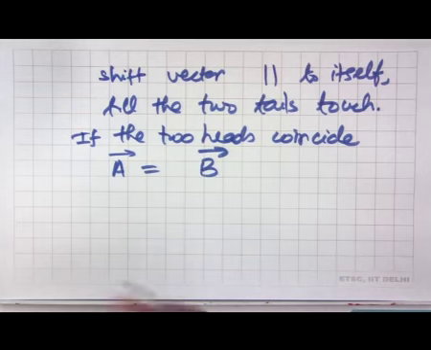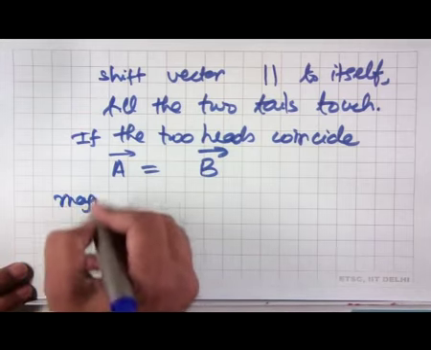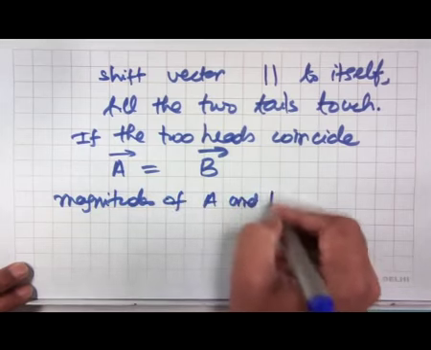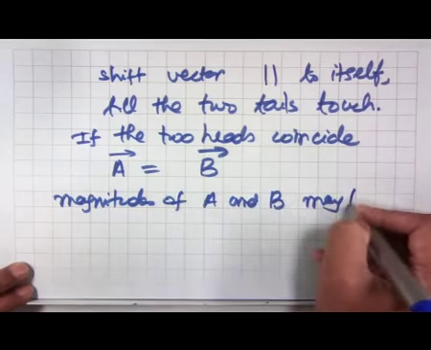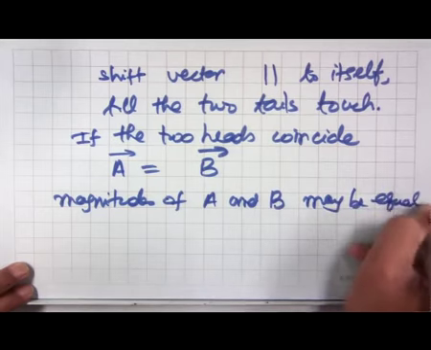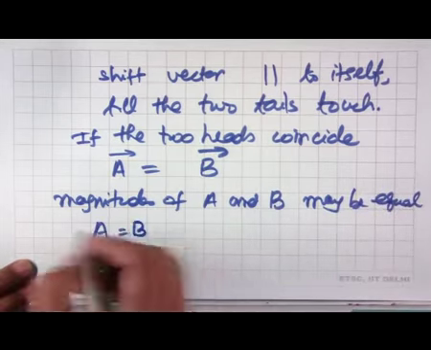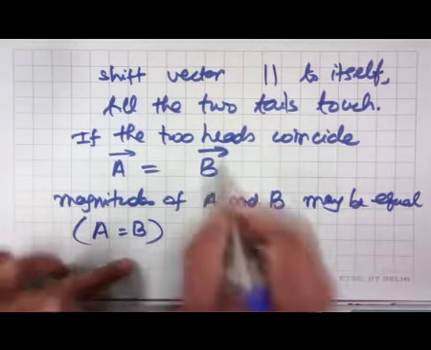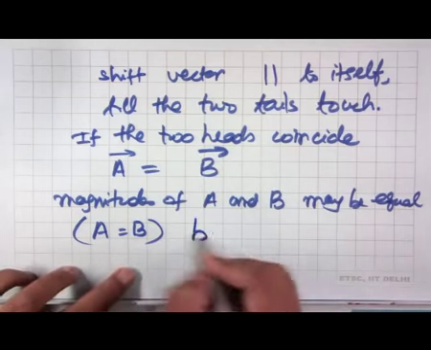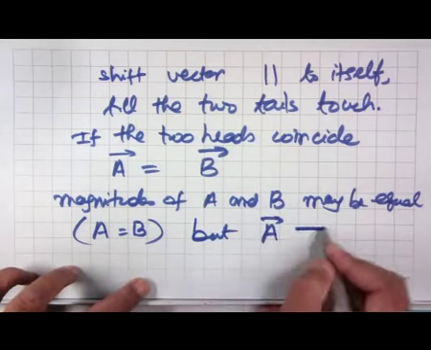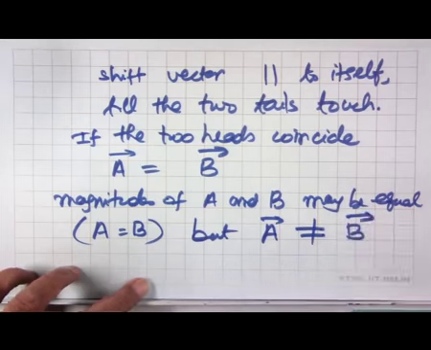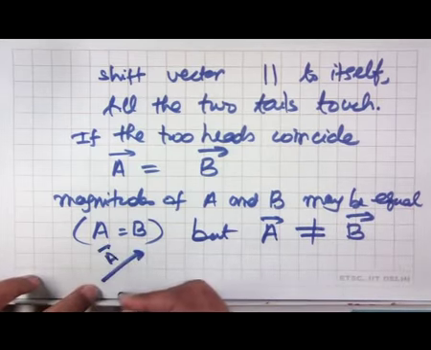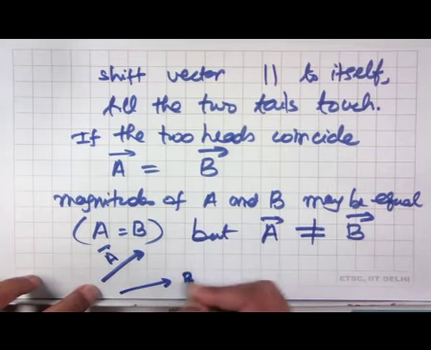Now, it is possible sometimes that the magnitudes of A and B may be equal, and this we will write as A is equal to B, because the magnitude of A is A, the magnitude of B is B without the vector sign, but vector A may not be equal to vector B. This will happen, suppose we have vector A like this and a vector B which has the same length but a different direction.